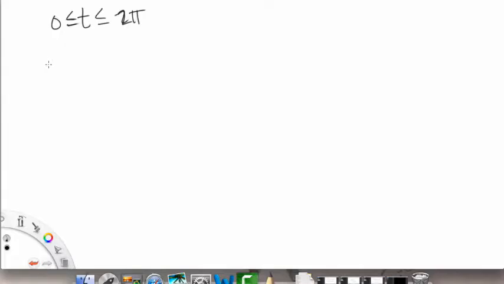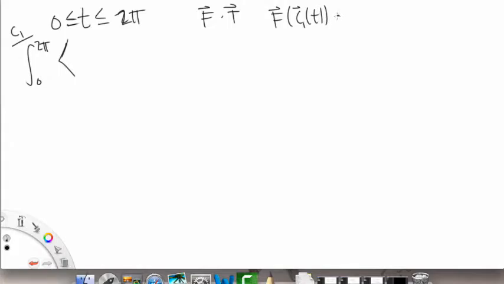For C1, what we have is the integral from 0 to 2 pi, and we need our f dot t, so this means f of C1 of t dot C1 prime of t.